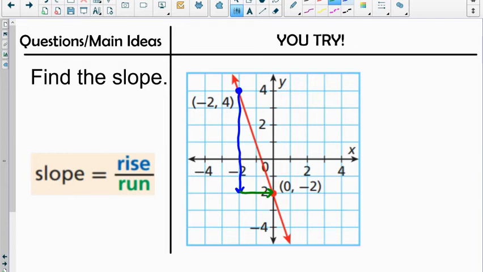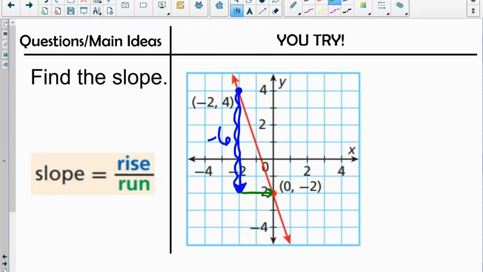What was the rise in this case? Well, the rise here would be 1, 2, 3, 4, 5, 6 units. However, the direction shows me that since I'm going down, my rise is a negative value, because usually rise means go up. So we use a negative number to show that it was going down.